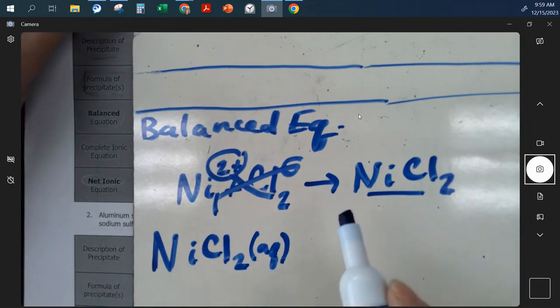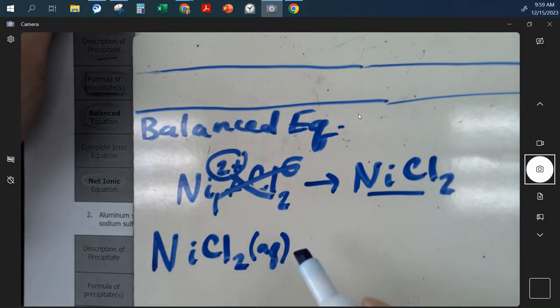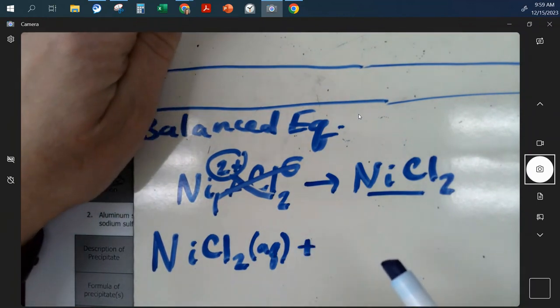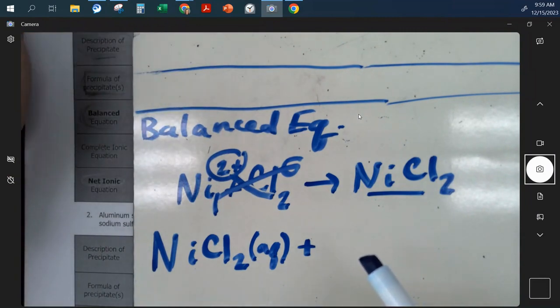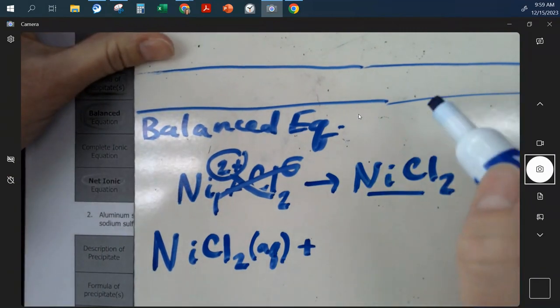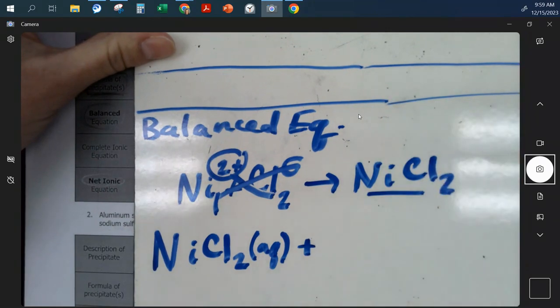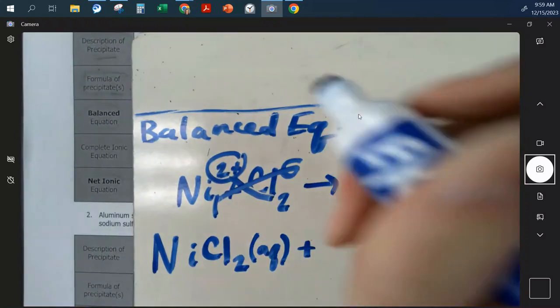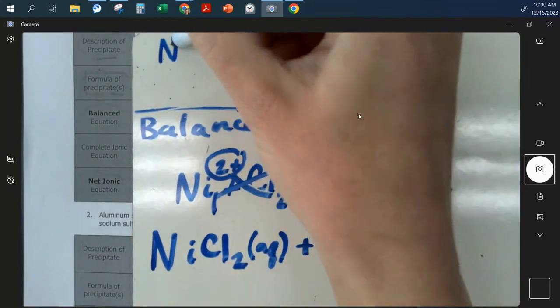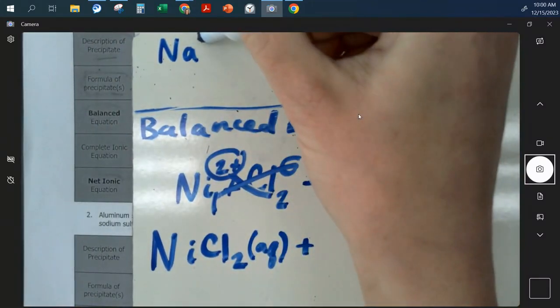Okay. So if we have nickel 2 chloride is added to sodium carbonate. So I'm just reading the sentence on the top of my box. So I need to know the formula for sodium carbonate. So I'm just going to put it up here. Sodium is +1.